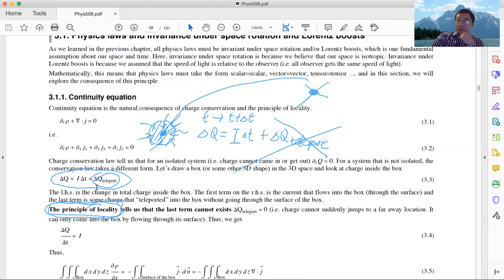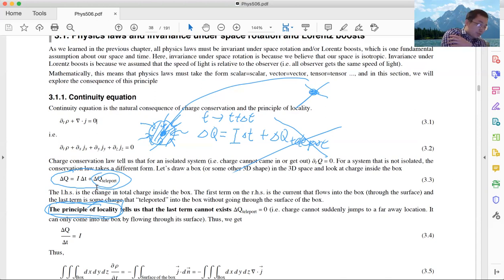That is the continuity equation. So that's why I said earlier on, continuity equation is not charge conservation law. It's almost charge conservation law, but we need to add one additional assumption, which is the principle of locality. And the principle of locality is a very important hidden assumption behind almost all the fundamental principles of physics. Nevertheless, let's assume the principle of locality. If you assume the principle of locality, teleport is gone.